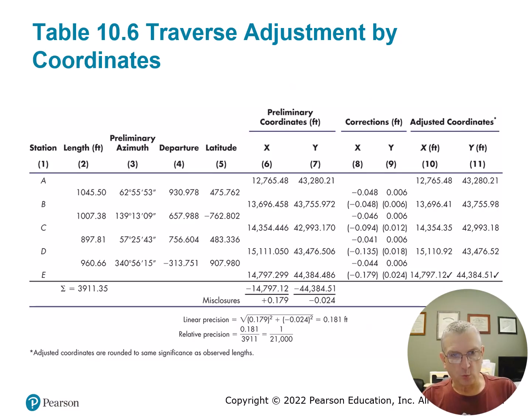Traverse adjustment by coordinates, this is what we really want to do. They're saying preliminary azimuth here in this table. It's really just your azimuth. We're not really coming in and determining a preliminary azimuth and then coming back and computing a final azimuth.